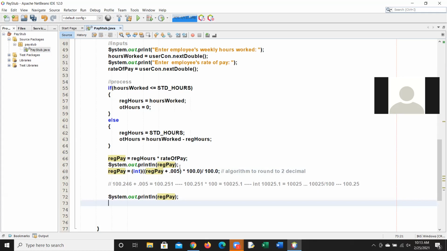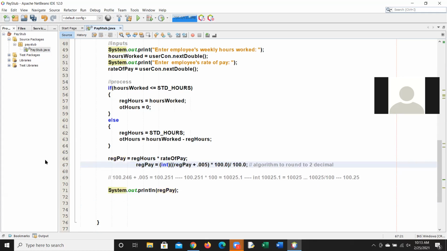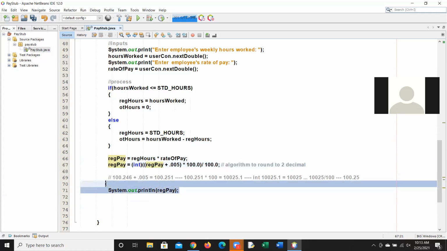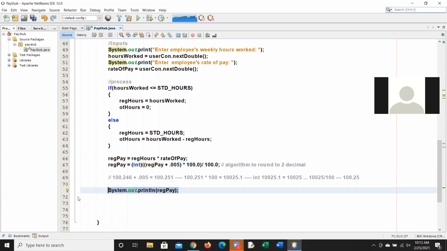I no longer need to print these out, so I can get rid of this. I'll leave my explanation of what I'm doing there just so you guys can look at that. So if that's what I get for regular pay, then my OT pay is very similar.